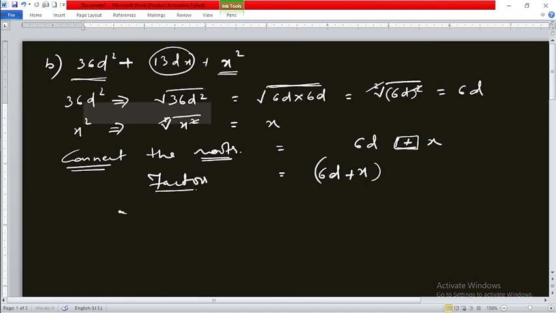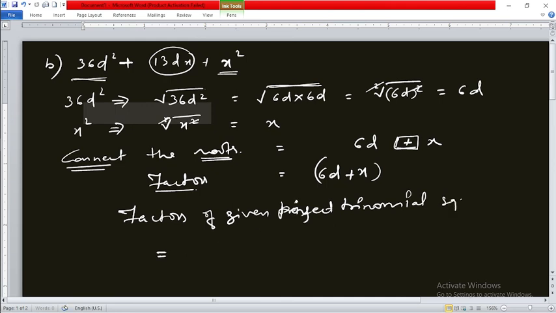Now if you have to find the other factors, what will you do in such cases? Because it is a perfect trinomial square, we can simply do it in this way. We take the roots of the given perfect squares, connect them with the middle sign, or the sign of the rest of the term, and then square this.